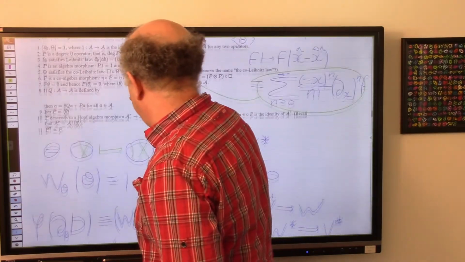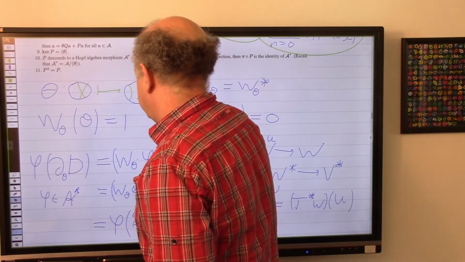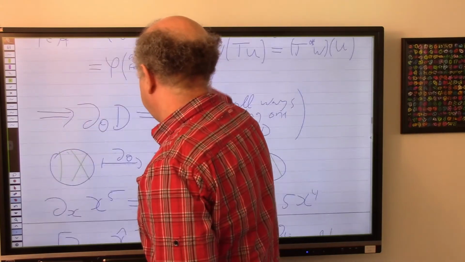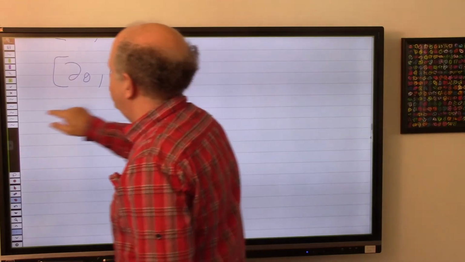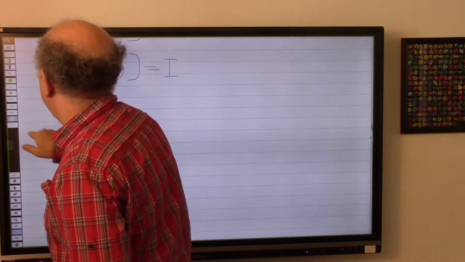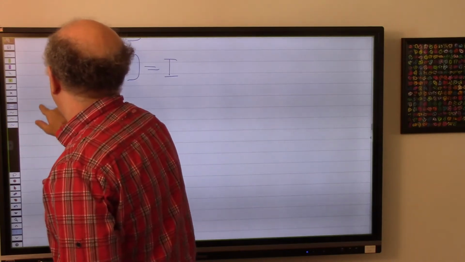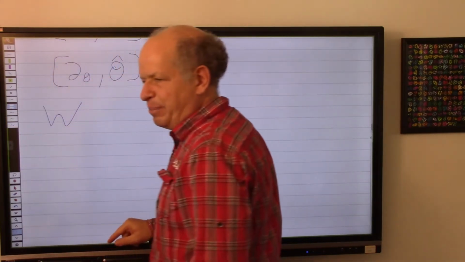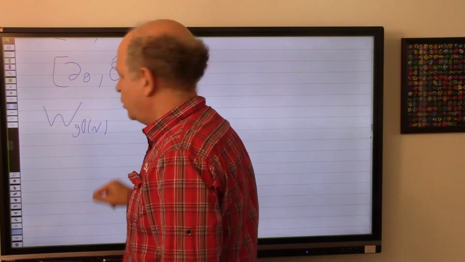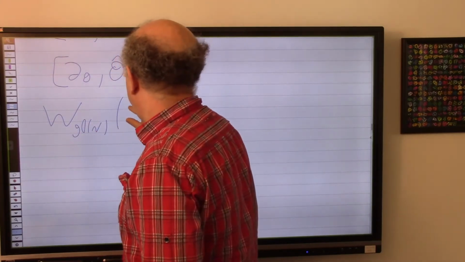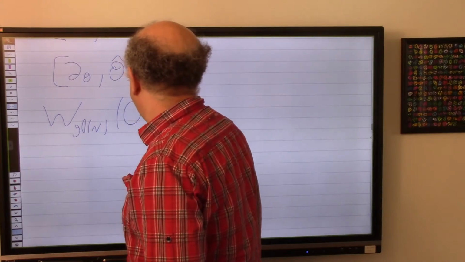I really hope you're wrong. The dumbbell diagram. I have the counterexample, and then I have what I think is a fix to the counterexample. But let's compute W_GL_N of the dumbbell diagram.